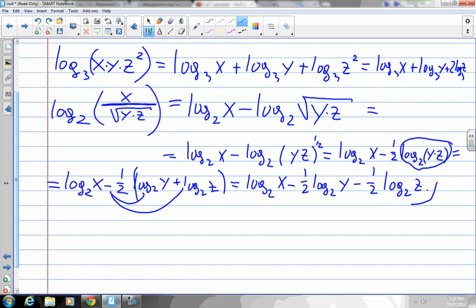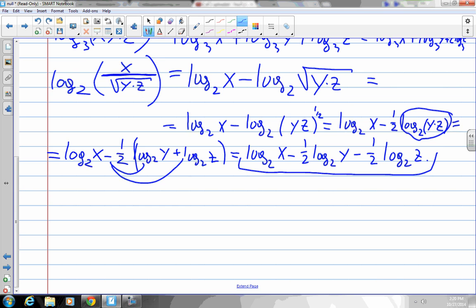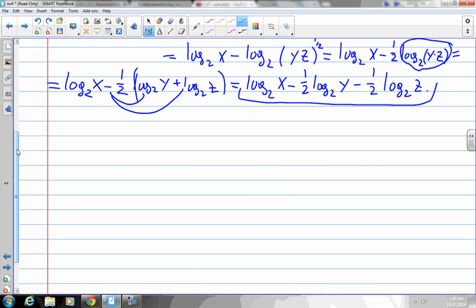If I give you this mess, can you put it all together into a single log? You want to know how to go both ways. Because when you solve equations and you have a bunch of logs floating around, it's sometimes easier to put them together into a single log. Makes equation solving a little easier.